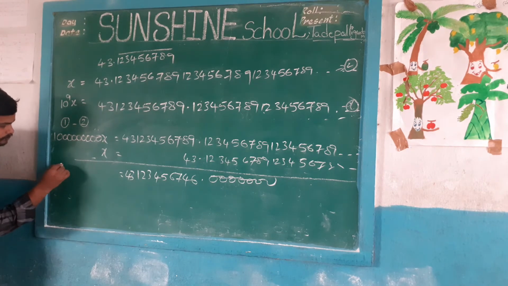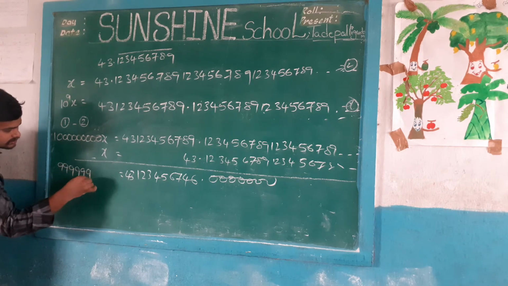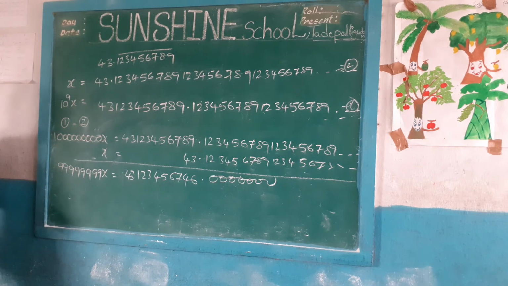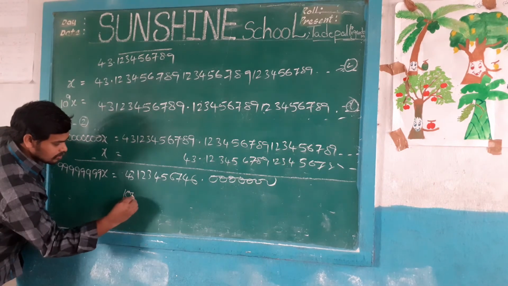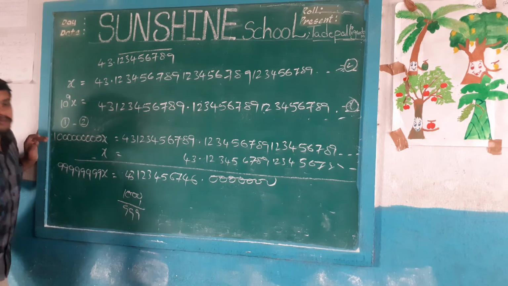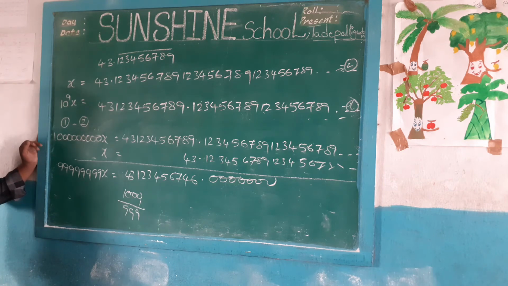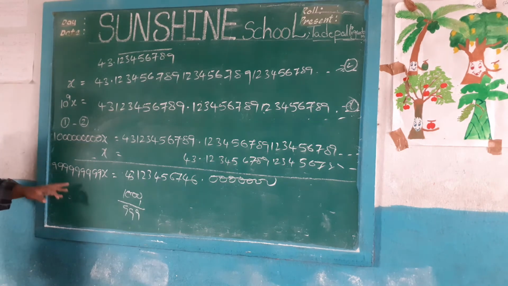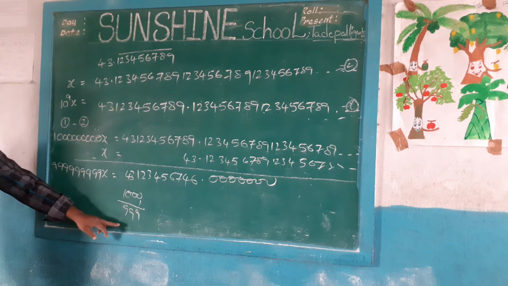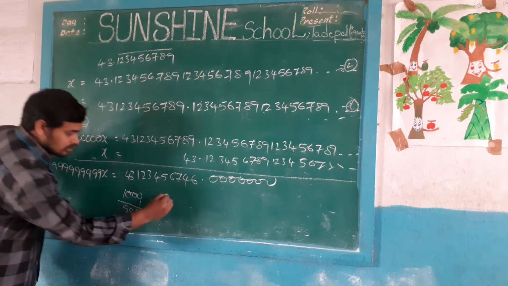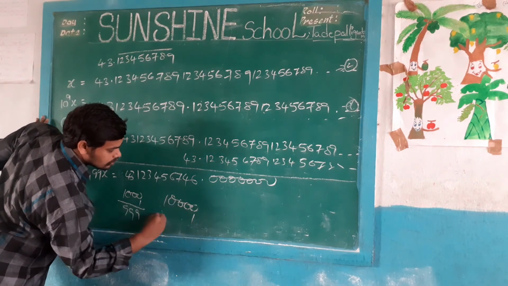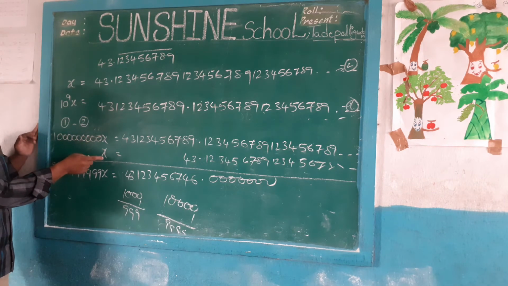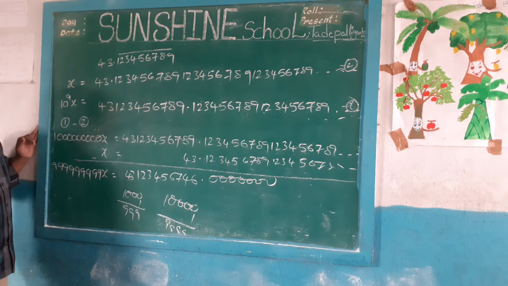So simple: 1000 minus 1 is 999. 10,000 minus 1 is 9999. In the similar way, 10 power 9 x minus x is 999999999 x.